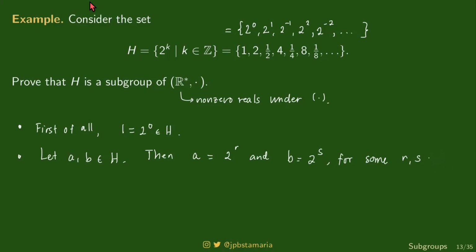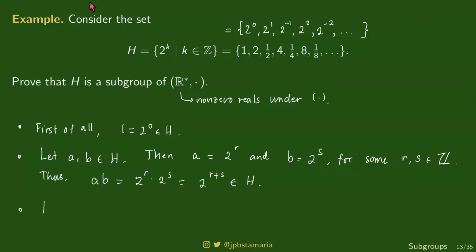Kapag si A at si B ay elements ng H, dapat ang itsura nila mga powers of 2, correct? Now, if I multiply A times B, what do I get? I get 2 to the R times 2 to the S. But what do I mean by that in algebra? That's 2 to the power of R plus S. In short, the product AB is another power of 2. Therefore, AB is in H. That proves closure of H under multiplication.